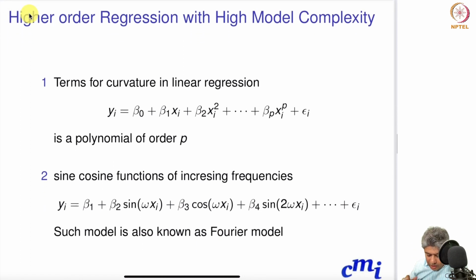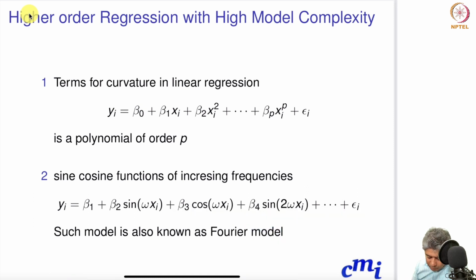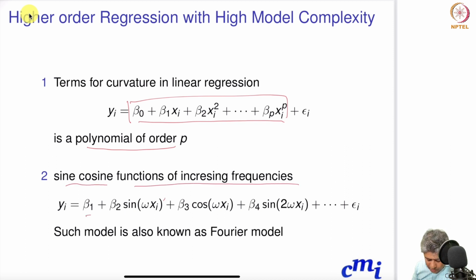So with higher order regression, high model complexity, you can fit any polynomial of order P, as we have discussed. Similarly, you can put in sine and cosine functions of increasing frequency, say beta 1, beta 2, sine omega xi, cos 3 omega xi, sine 2 omega xi.